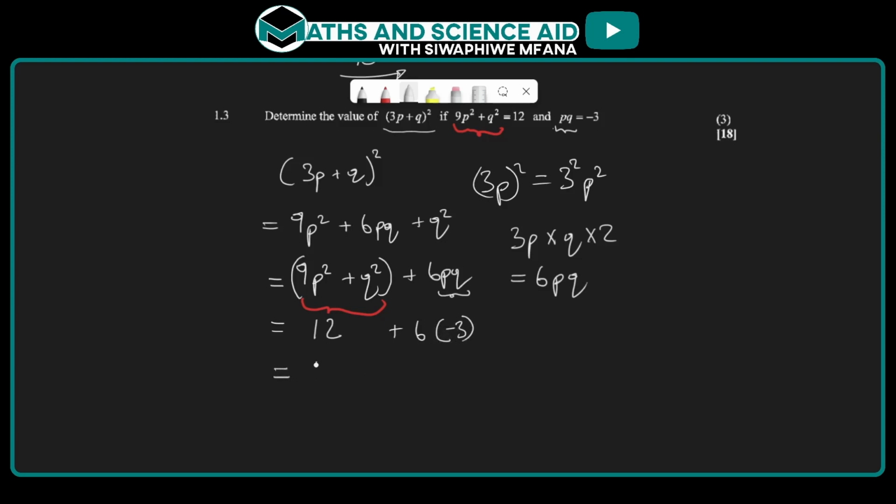And therefore this will be 12, and then 6 multiplied by -3 is going to be -18. And therefore our answer is going to be 12 minus 18, which is going to be equal to -6. So the final answer here is -6.